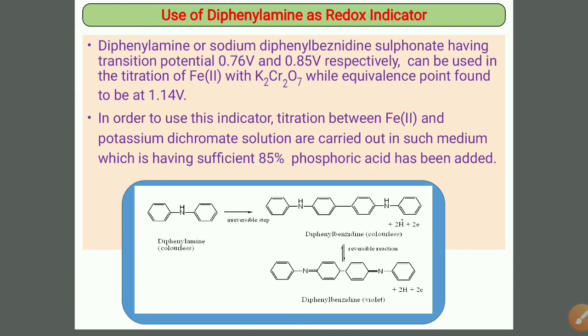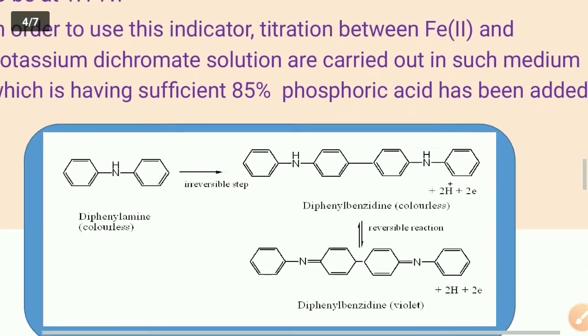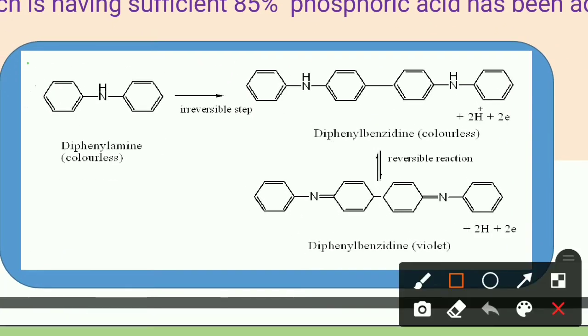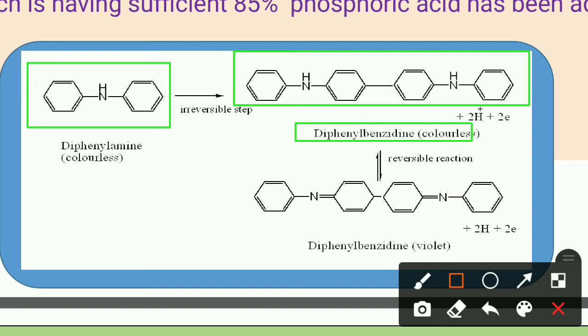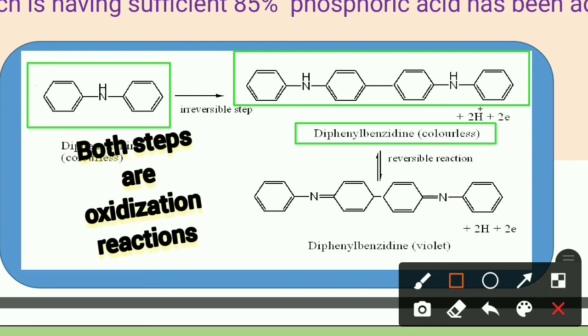Now here we have represented the reaction of this redox indicator, which is converted into diphenylbenzidine. Initially, diphenylamine, which is colorless, undergoes an irreversible oxidation reaction to form diphenylbenzidine, which is also colorless in nature.